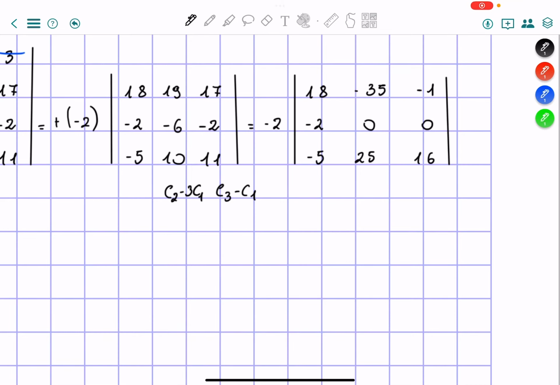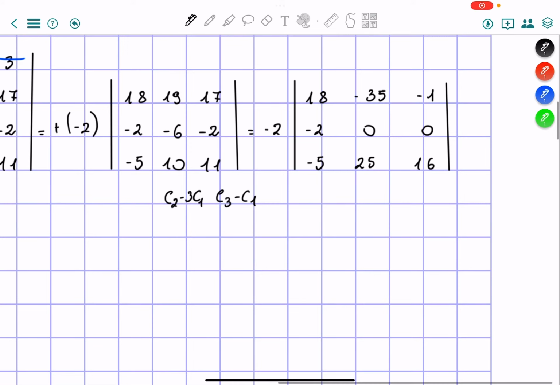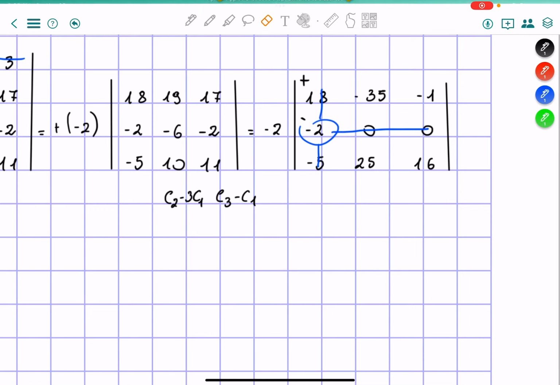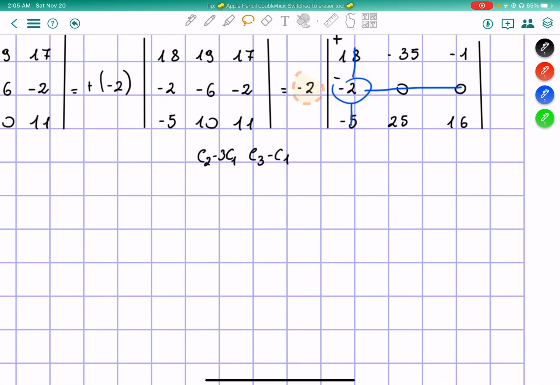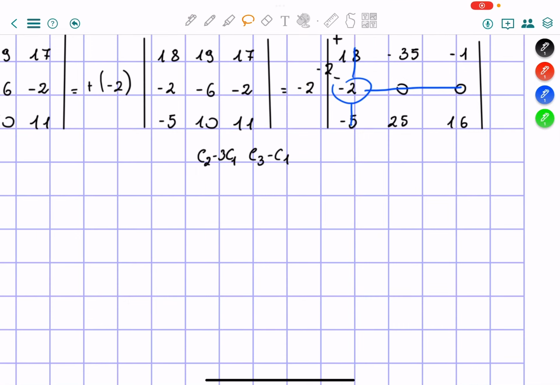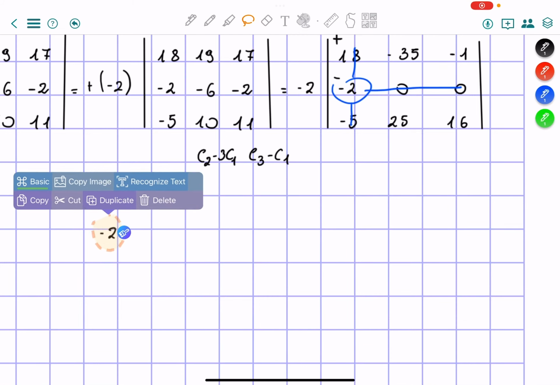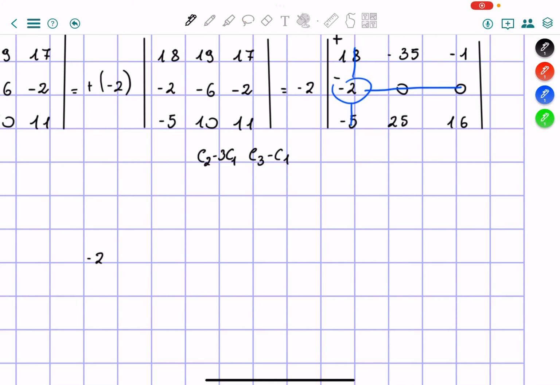Okay, so here I can say again that my second row is zeros. So I'm going to cancel this one, take the first number, cancel the rest, and I can count plus, minus. So I'm going to have to take out the negative 2 that I already had in front. And then I'm going to have a negative times negative 2.